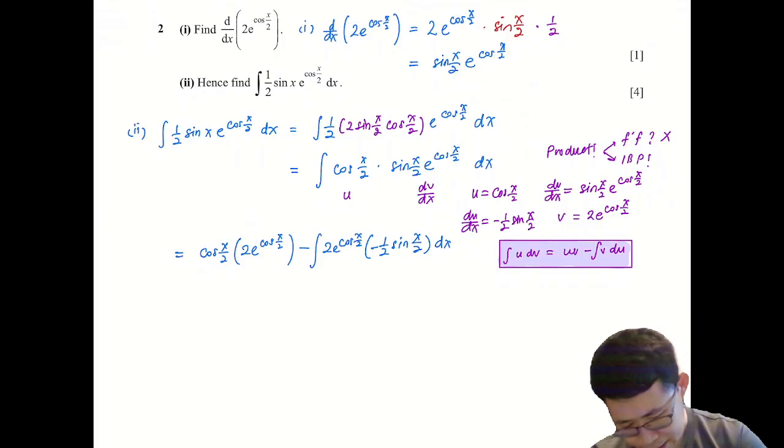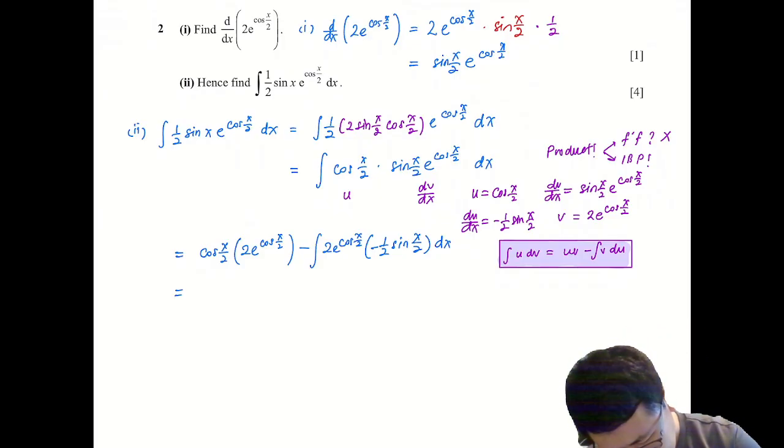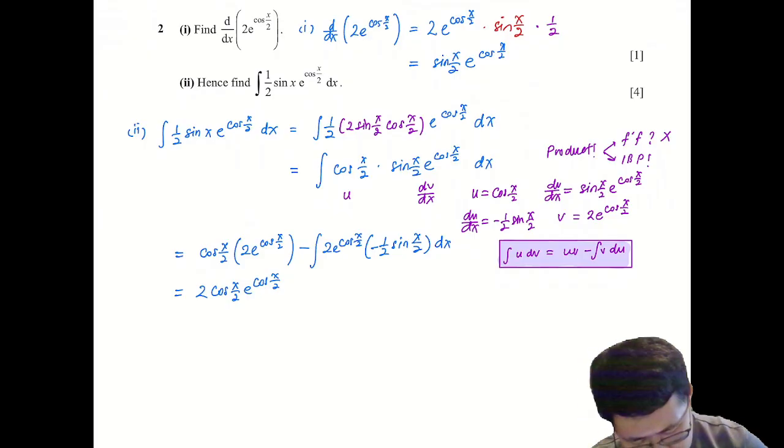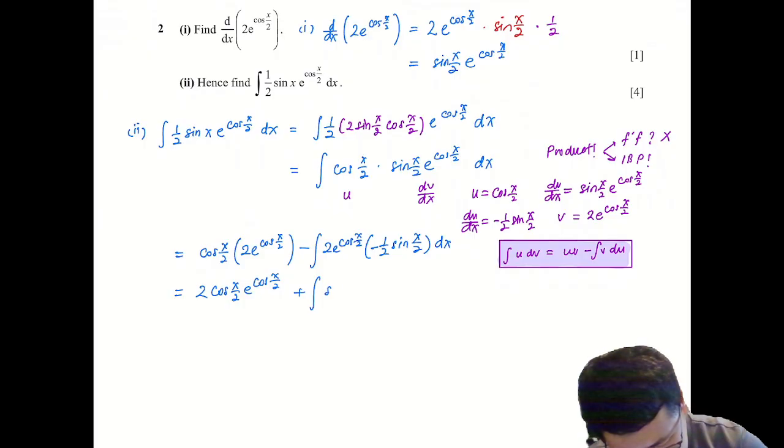So let's rewrite this. This will look something like this. Then the one in the integral would look something like this.